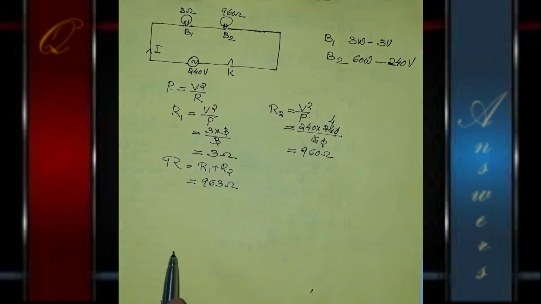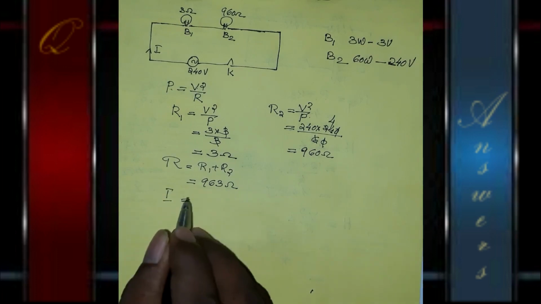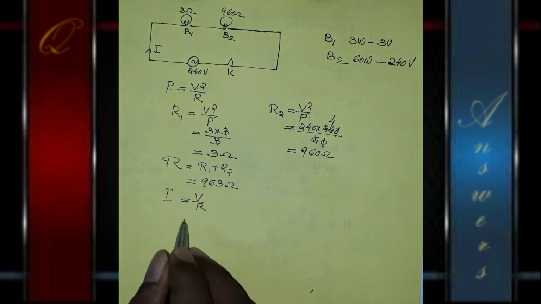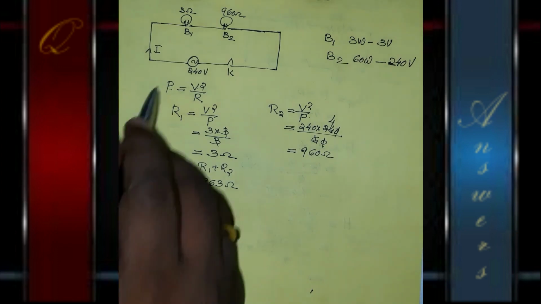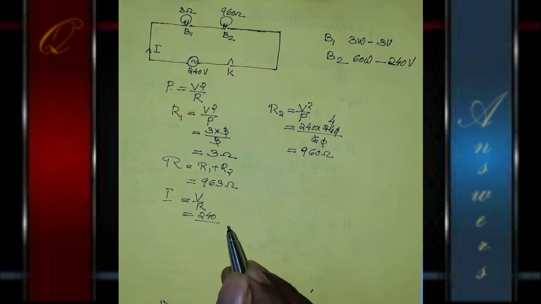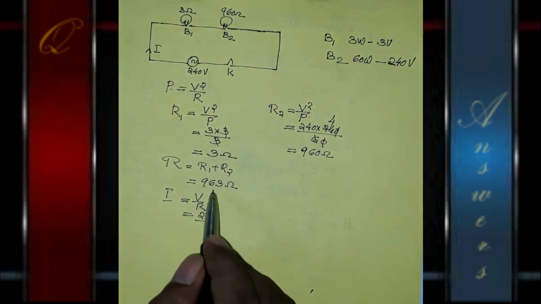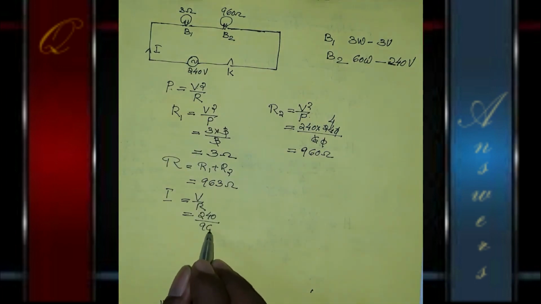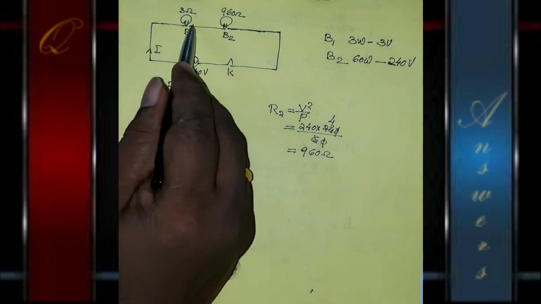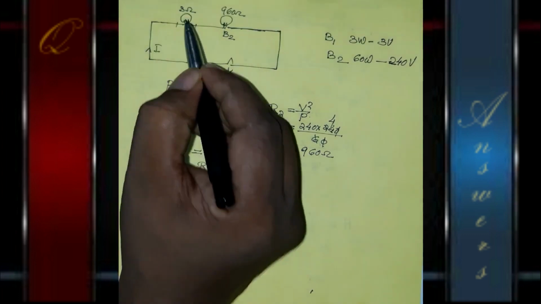I is equal to voltage divided by resistance. What is the voltage? V is given, V is 240, divided by resistance. What is the total resistance of the circuit? It is 963. Then this much current is flowing through this circuit. Then what is the voltage across this bulb?